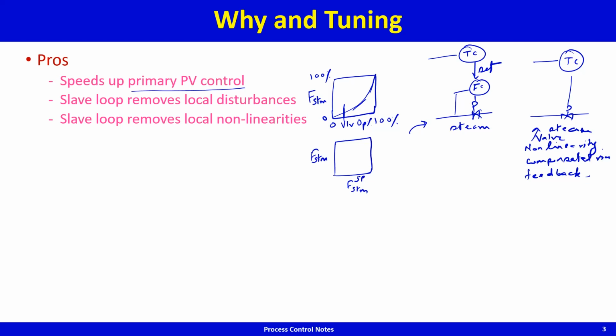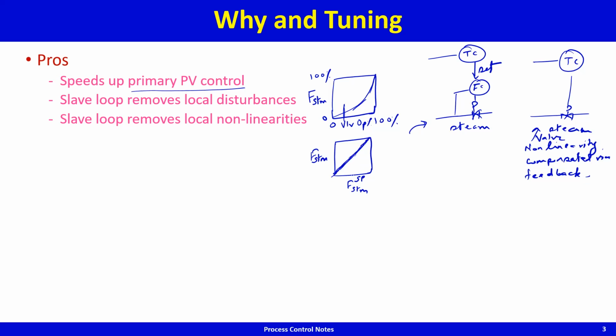And if you look at the flow of the steam averaged over the time constant of the temperature loop, which may be 5 minutes or 10 minutes, then you'll essentially get a linear relationship, because the plot would be slightly scattered, but it will essentially be linear.